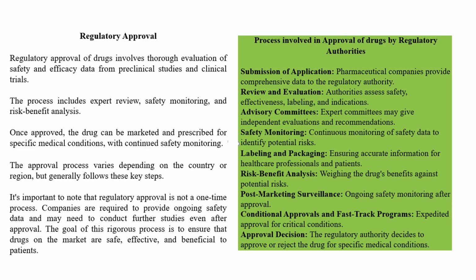For example, if a drug is producing side effects, we have to go for the fast track program and stop the production. Finally, the decision given by the regulatory authority is the final one.